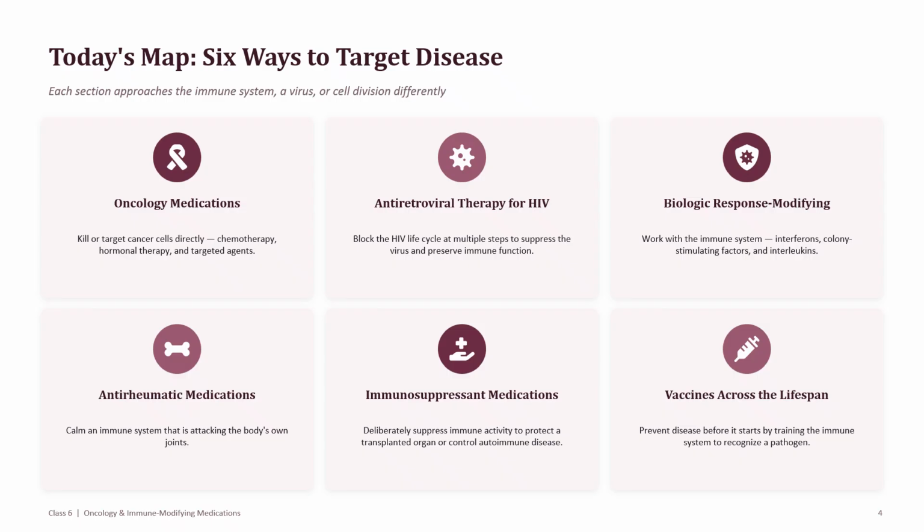And then the last 3, the biologic response modifiers, the antirheumatics, and immunosuppressants, those are all immune system dial turning, just in different directions for different reasons. So just keep that mental map running in the background, and it'll help you place each new medication into a bucket instead of trying to memorize 42 isolated facts.